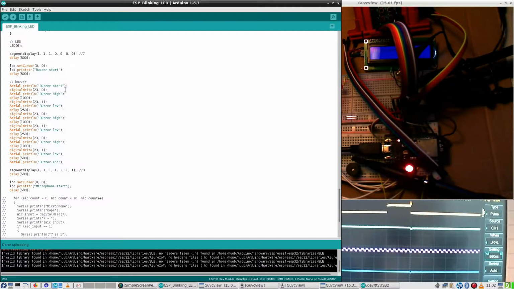Okay, let's do it like this. Buzzer high 1, low 1. I need 2 hands for typing, so bear with me. Low, high, and low. Sorry, high is 3.